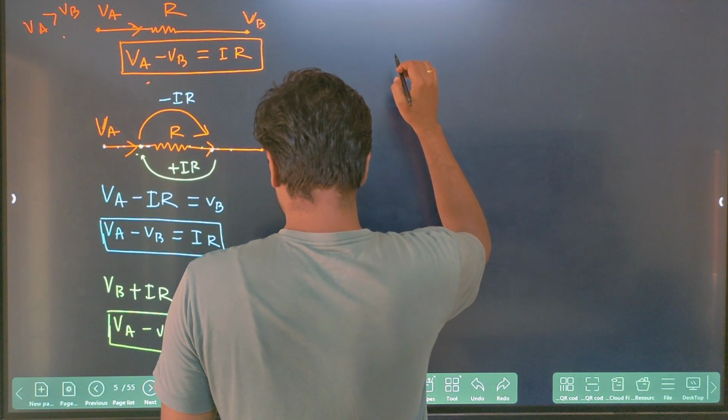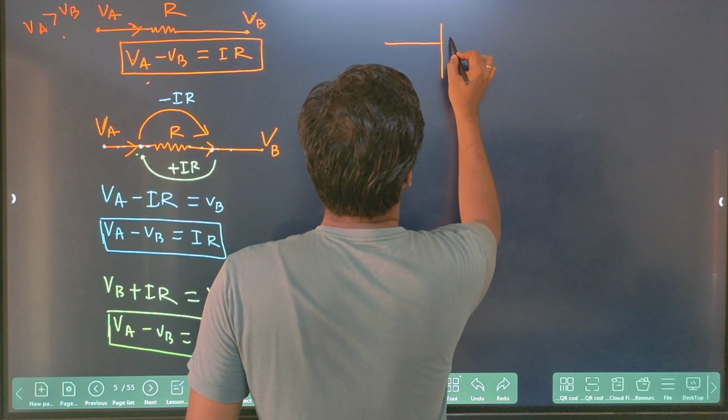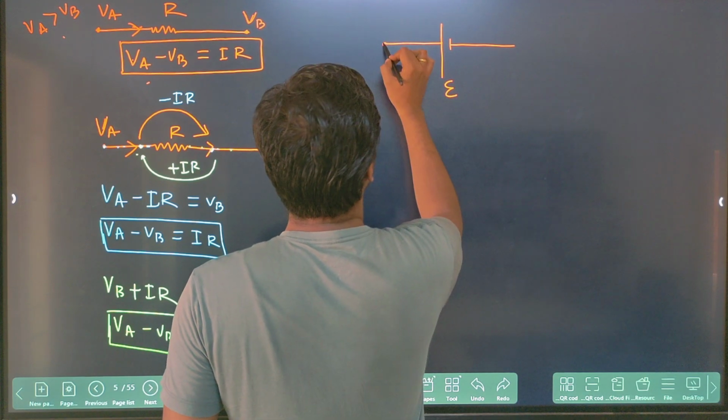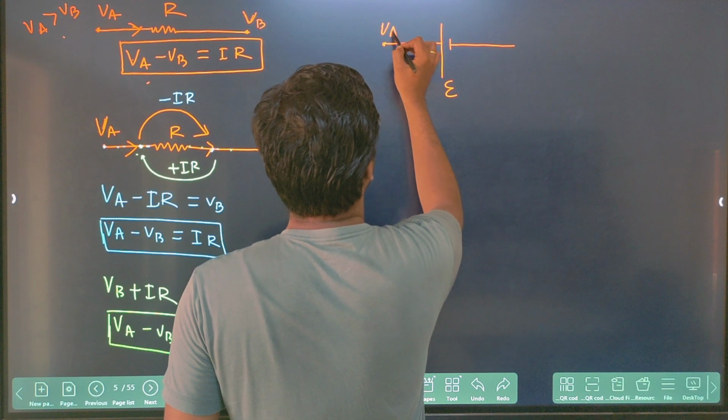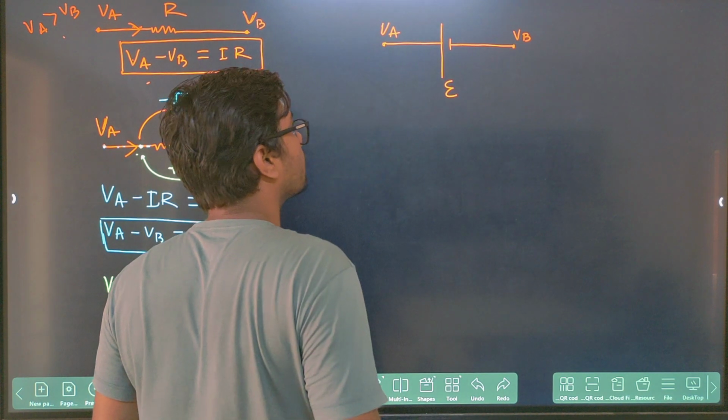Now come to the cell. If I take a cell, this is positive and this is negative. Let's say the EMF is E, this is VA, this is VB.